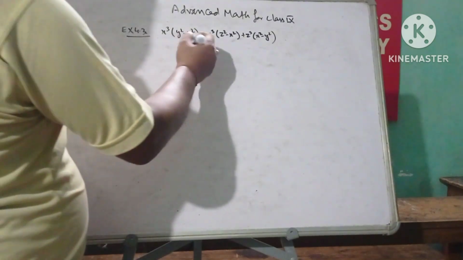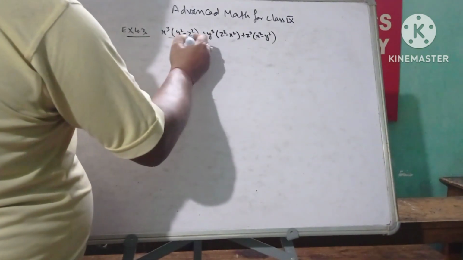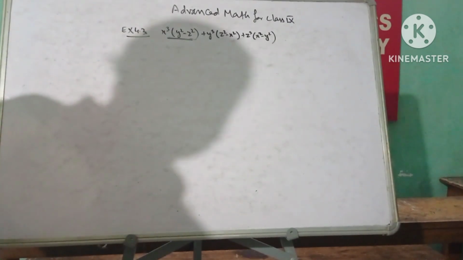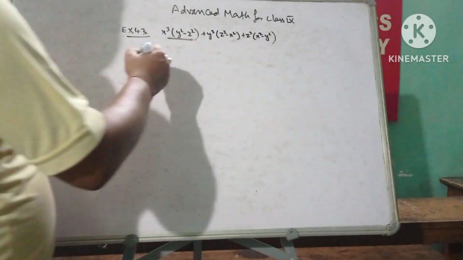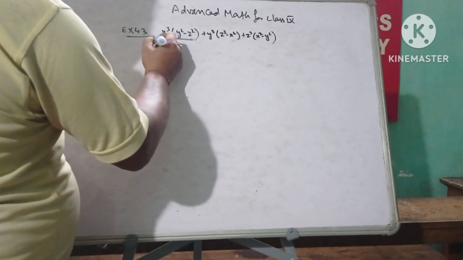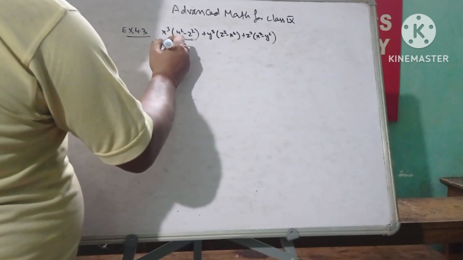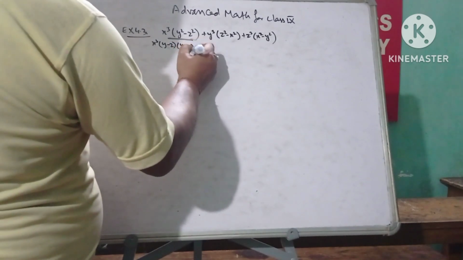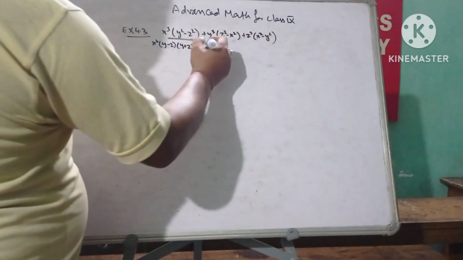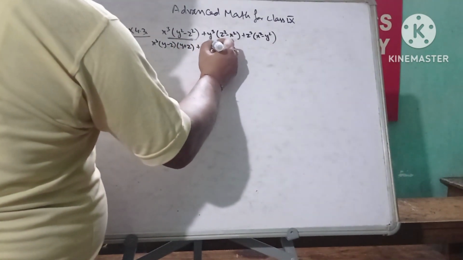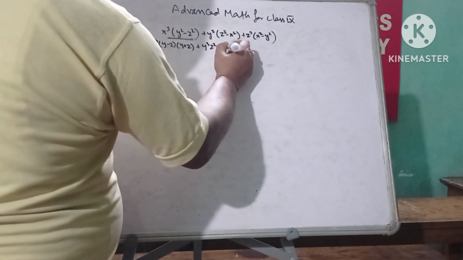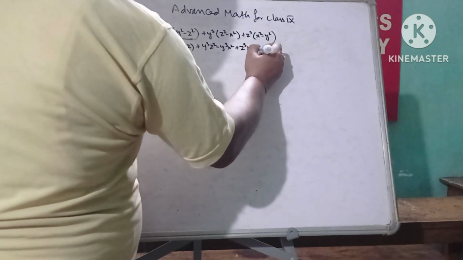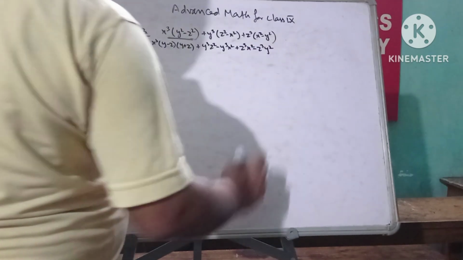So here again I am going to keep this constant. So here that means x cube, this will be y minus z, y plus z, and now I am going to expand this: y cube z square minus y cube x square plus z cube x square minus z cube y square.